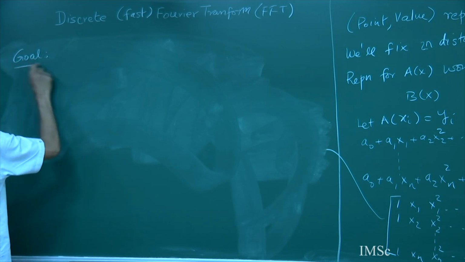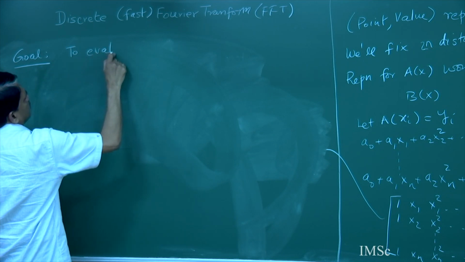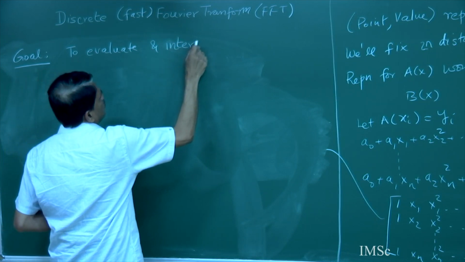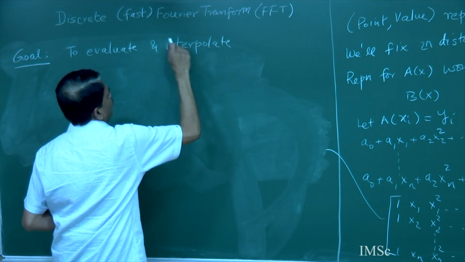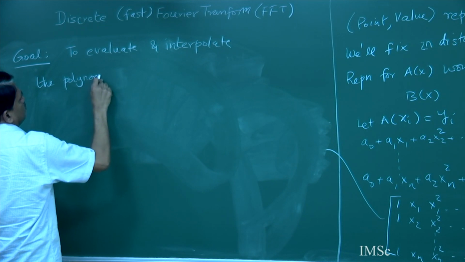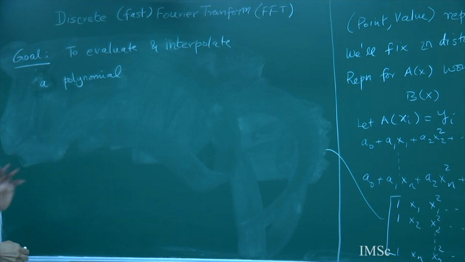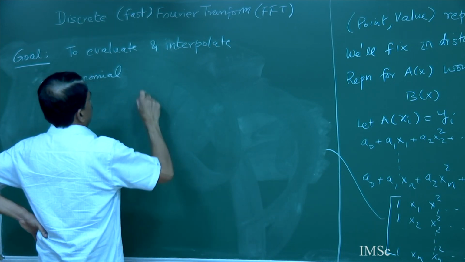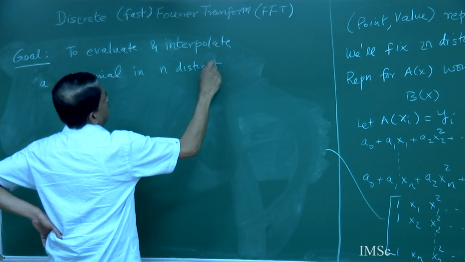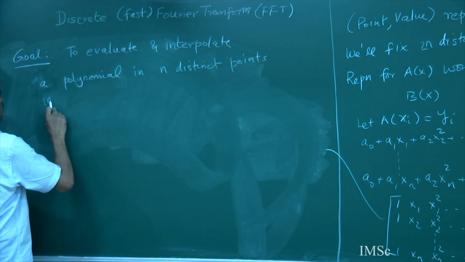So the goal is to evaluate, and the reverse process is called interpolate, the polynomials, or we'll work with one polynomial because if you're doing two polynomials, everything will be doubled, in n distinct points in order n log n time.